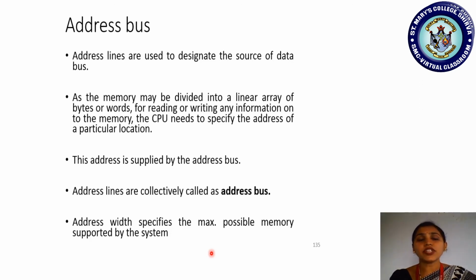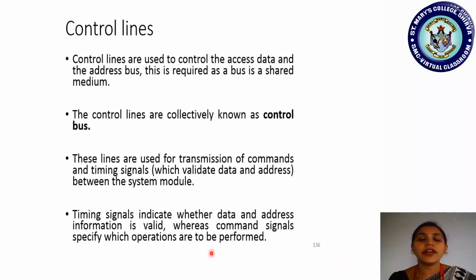The address bus width specifies the maximum possible memory supported by the system. And finally, the control lines.